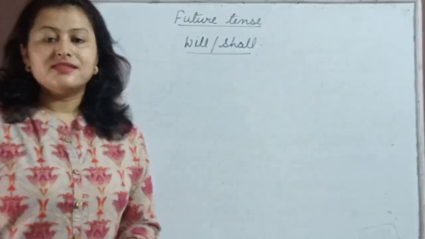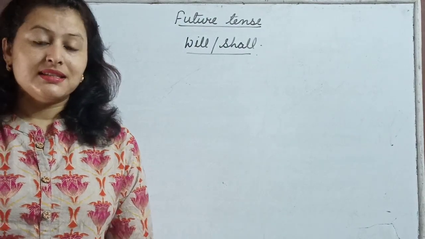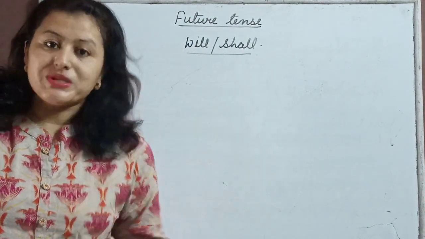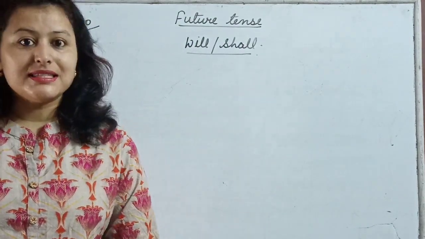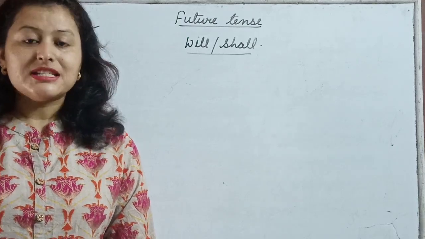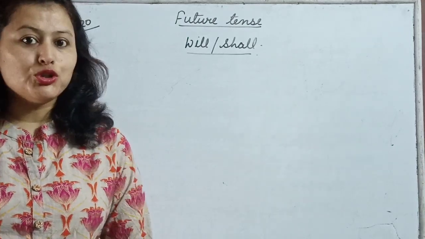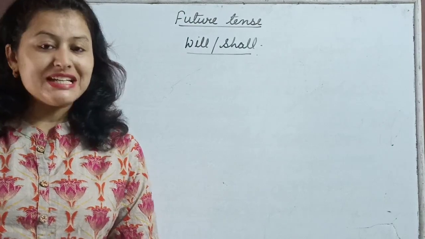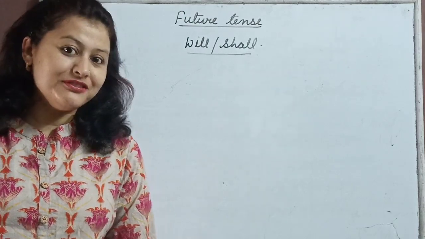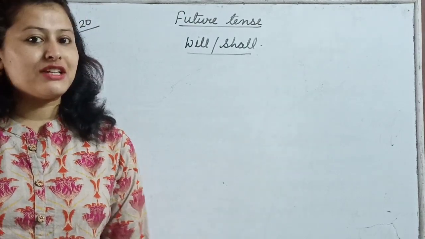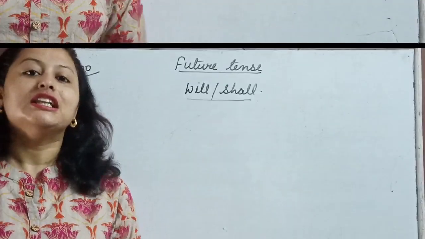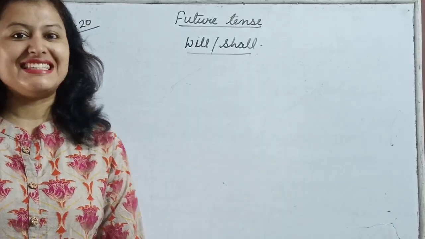Okay, future tense, just like other tenses, also has four subcategories: future indefinite tense or simple future, future continuous or future progressive, future perfect, and of course the future perfect continuous.